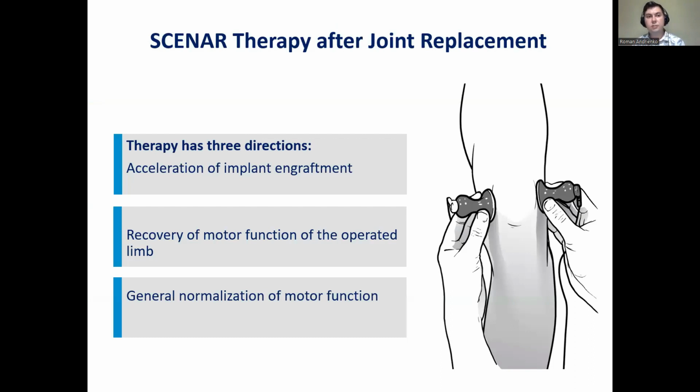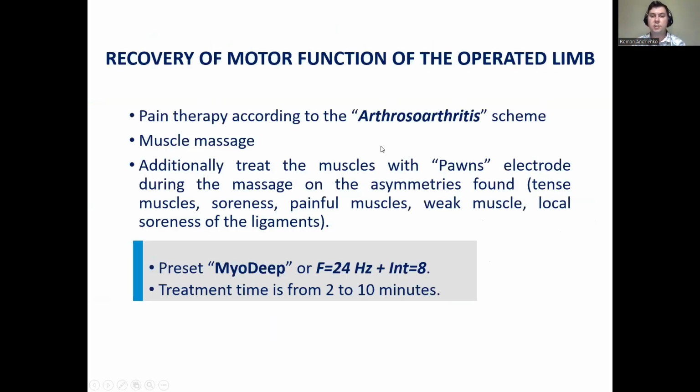For example, a good example here, Scenar therapy after joint replacement. 3 directions: acceleration of implant engraftment, recovery of motor function, and general normalization of the motor function. So we can use the preset MyoDeep combined with the frequency of 24 Hertz and intensity 8, treatment time from 2 to 10 minutes.